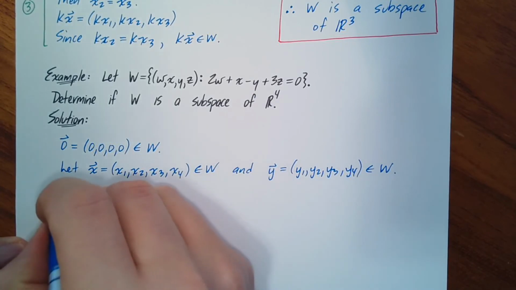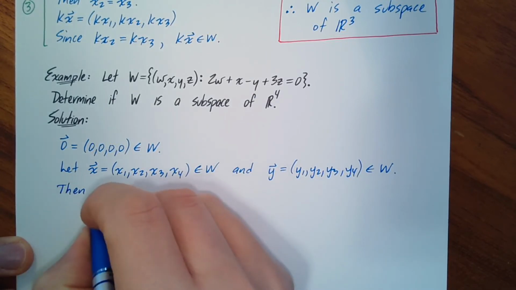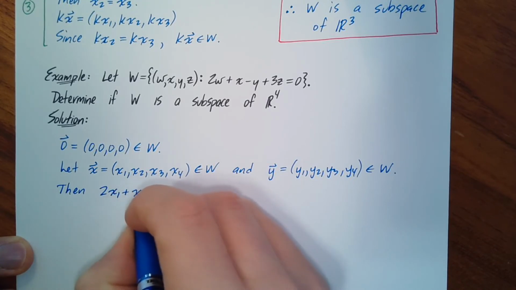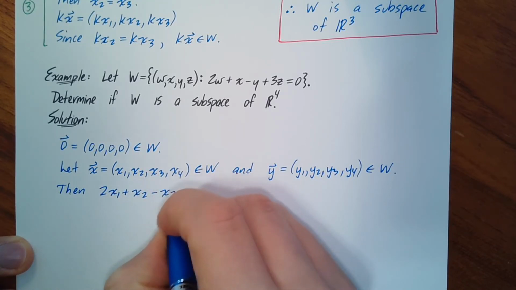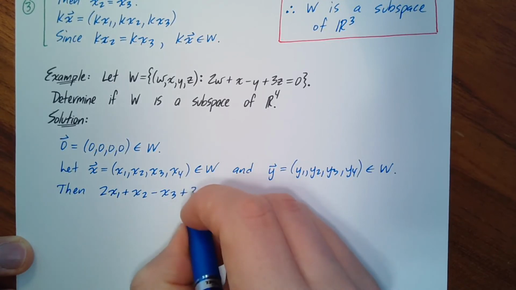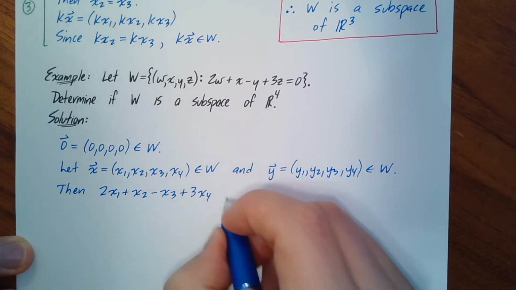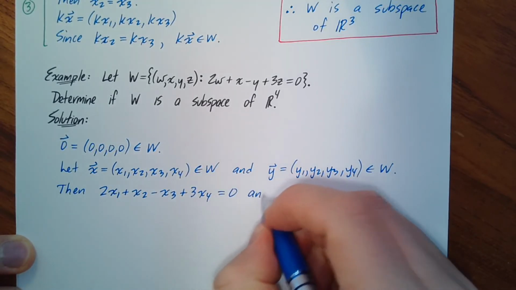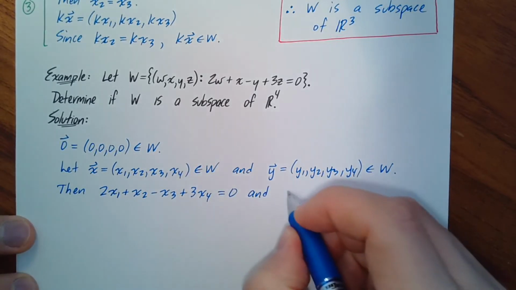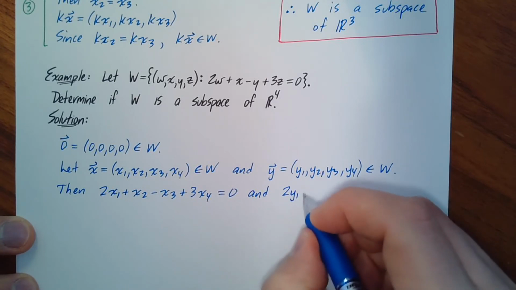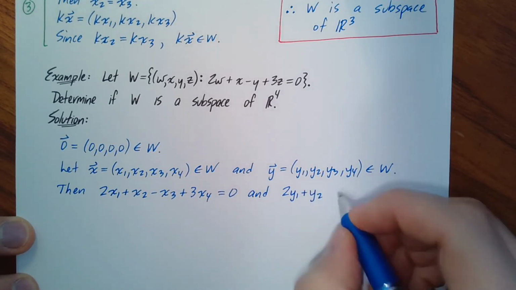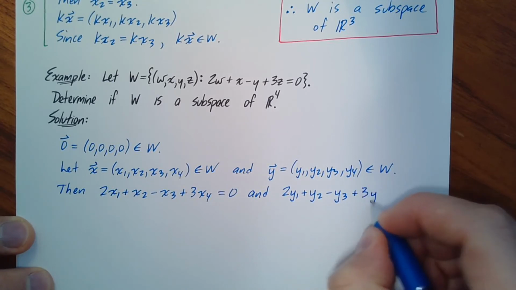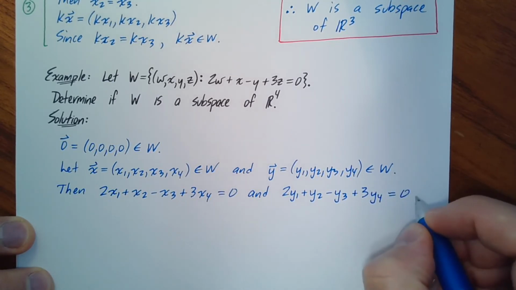So what this means is that 2 times X1 plus X2 minus X3 plus 3X4 is equal to 0, right? And 2 times Y1 plus Y2 minus Y3 plus 3Y4 is equal to 0.